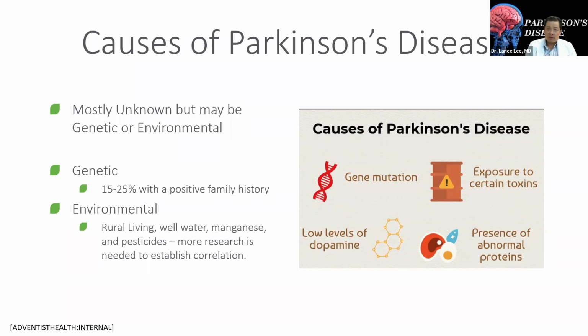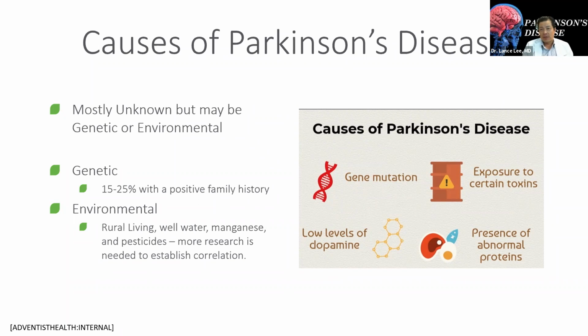But it could be, of course, environmental, like exposure to toxins and chemicals. Things that we have to watch are pesticides that we may even use at home, and people who use well water contaminated with heavy metals, for example. So those are possibly associated with Parkinson's disease. But the truth of the matter is we really don't know what causes Parkinson's disease.